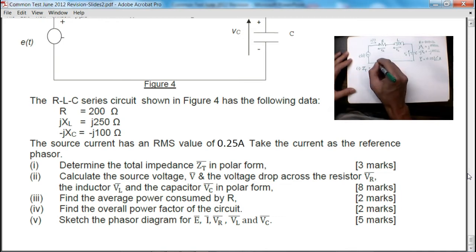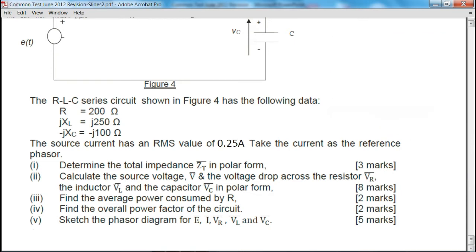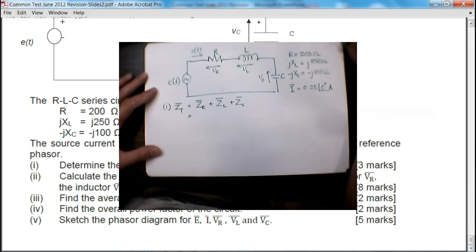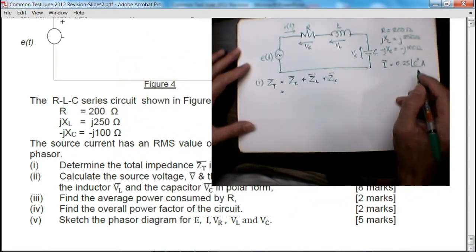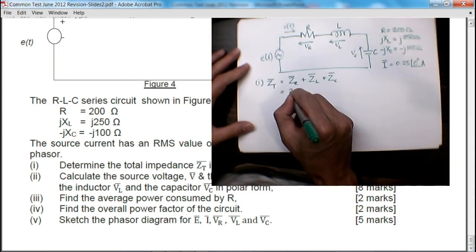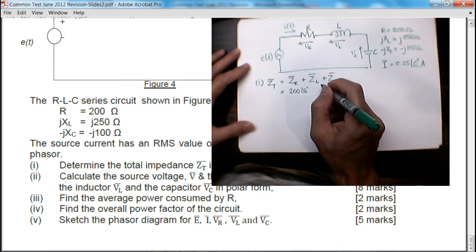So total impedance ZT is given as the impedance of the resistor, the impedance of the inductance, and the impedance of the capacitance. So in phasor form, you can write it up this way: 200 angle 0, since resistance does not introduce any phase shift.